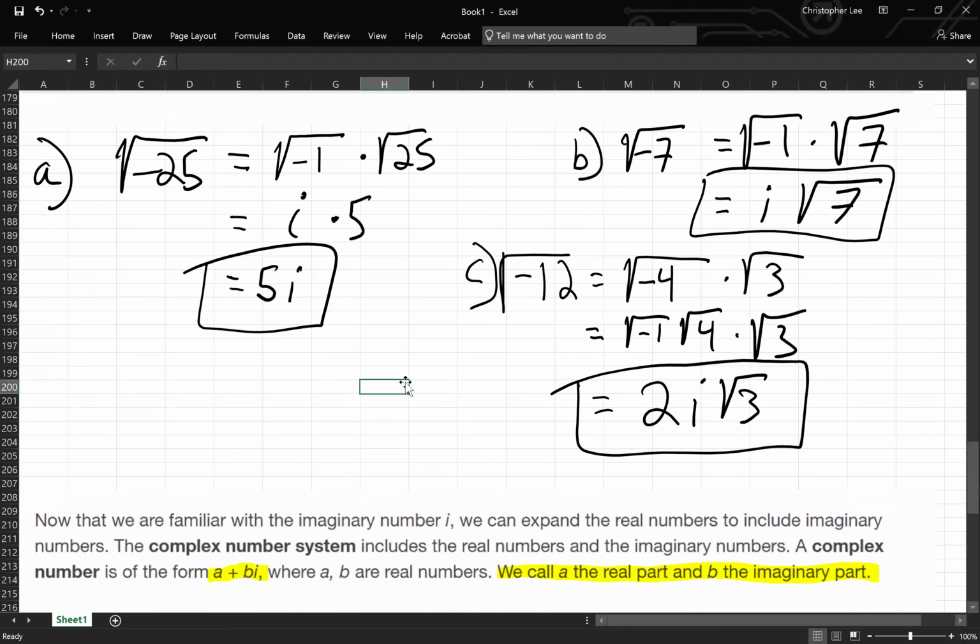So now that we're familiar with the imaginary number i, we can expand the real numbers to include imaginary numbers. The complex number system includes the real numbers and the imaginary numbers. A complex number is of the form a plus bi, where a, b are real numbers. We call a the real part and b the imaginary part.